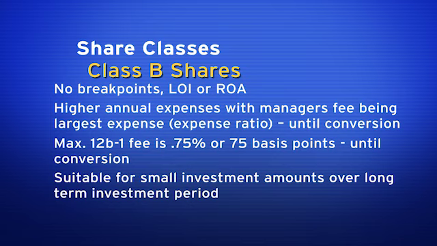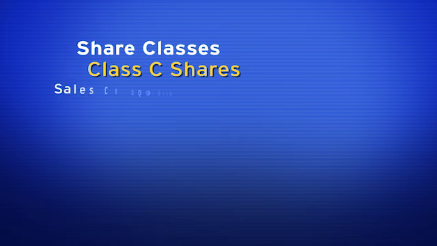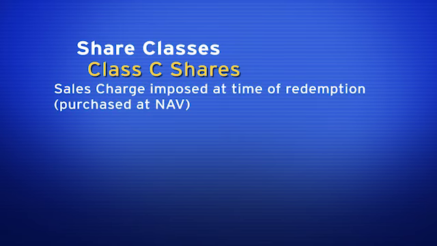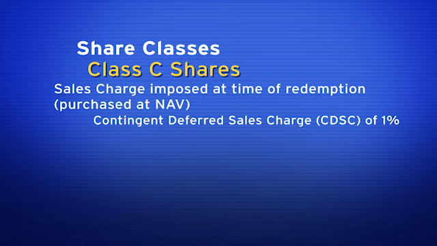Now let's explore Class C shares. Class C shares have a sales charge imposed at the time of redemption. So these have a back-end load, a back-end sales charge, a contingent deferred sales charge, a CDSC.